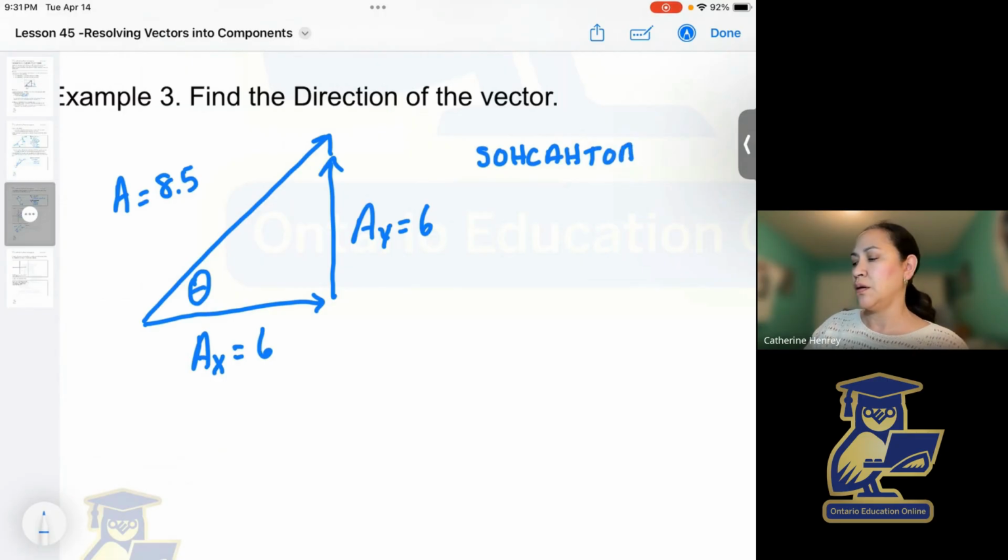SOHCAHTOA. And so for this example, I'm just going to use sine. So the sine of the angle is equal to the opposite side over the hypotenuse. In this case, 6 over 8.5.